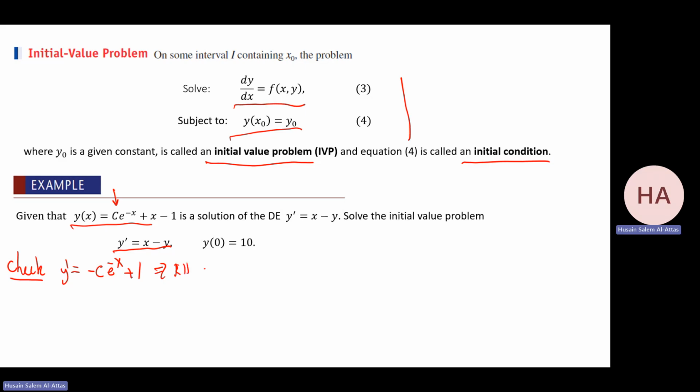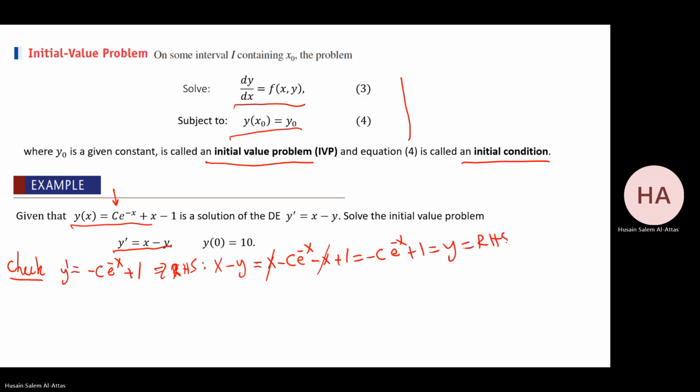The right hand side will be x minus y, that is x minus c e to the minus x, minus x, plus 1. The x's cancel, so I have minus c e to the minus x plus 1, which is y prime, the left hand side. So this with the c is a solution of this differential equation. It is given, but I showed it also.